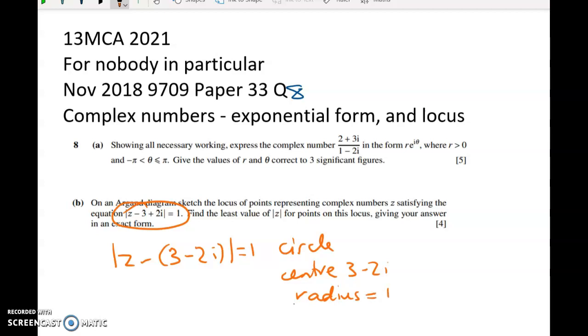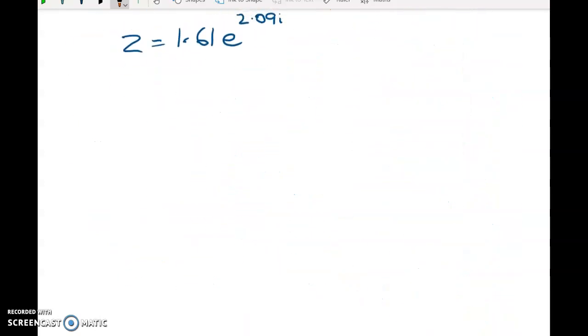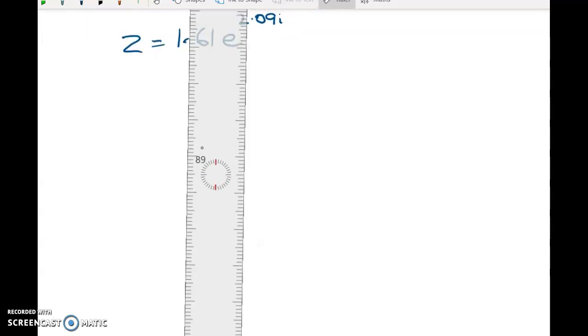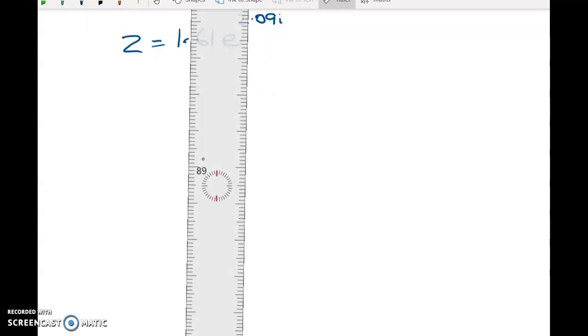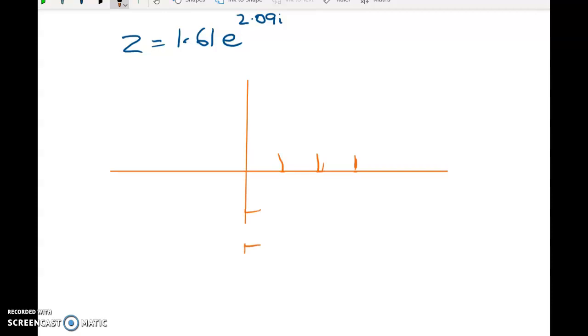So let's draw that. It's a simple equality, so nothing too bad. So if we just take the ruler, I'm just going to pause it to do. Okay, so my centre is going to be at 3 negative 2i, so it's down here. And it's got a radius of 1.